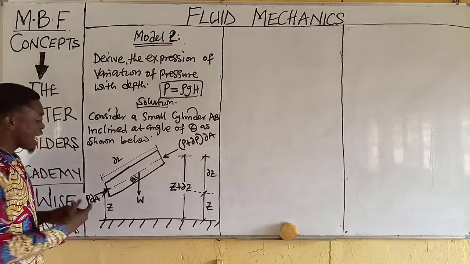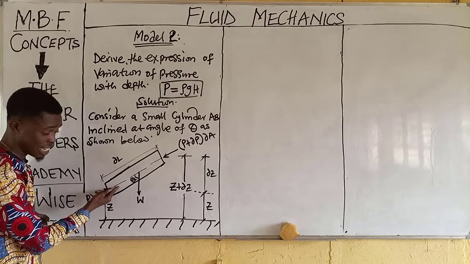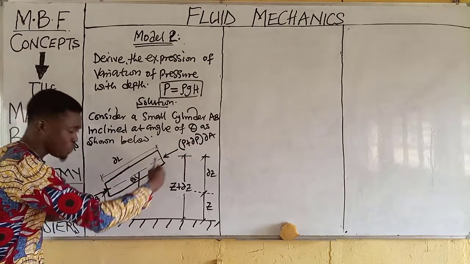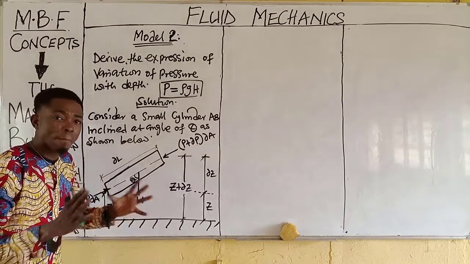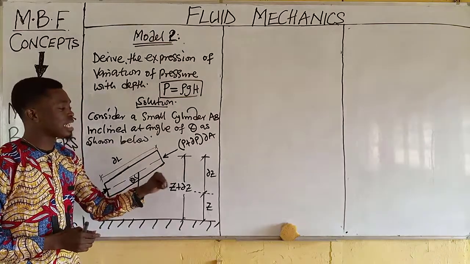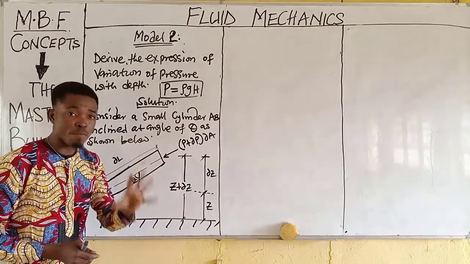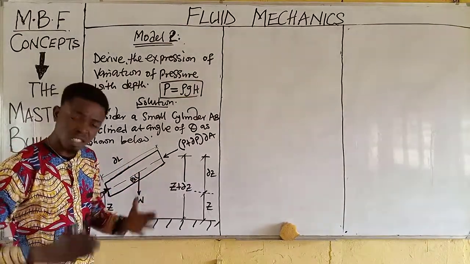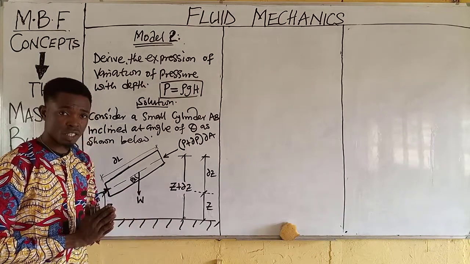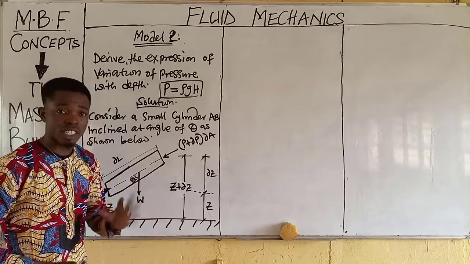So if I have F1 acting at this end, then I have F2 entering at this other end. Looking at these forces, we find that both are compressive forces. Remember, earlier I stated that it is impossible to resolve pressure because pressure is a scalar quantity, and scientifically, we don't resolve scalar quantities. We only resolve vector quantities. Why?